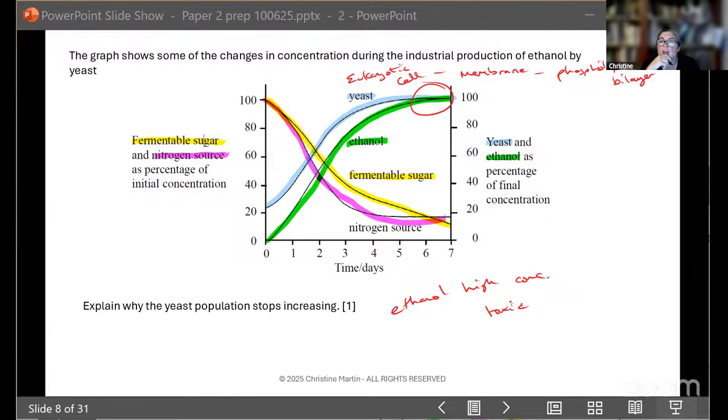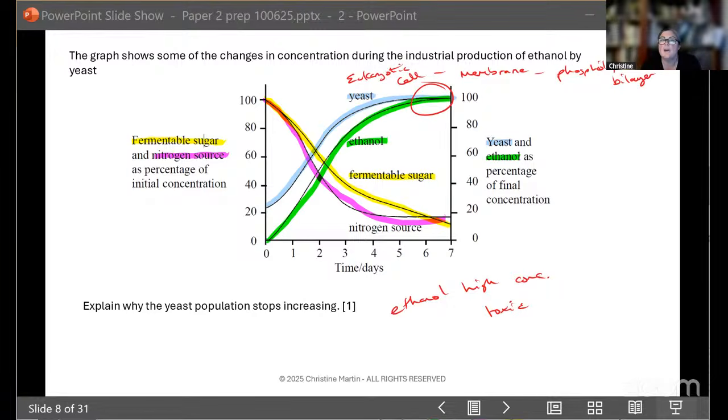So when you have the ethanol concentration increasing, the ethanol is going to disrupt the membrane and therefore kill the cell. It's not only going to disrupt the membrane, it could also disrupt the proteins from being able to function.